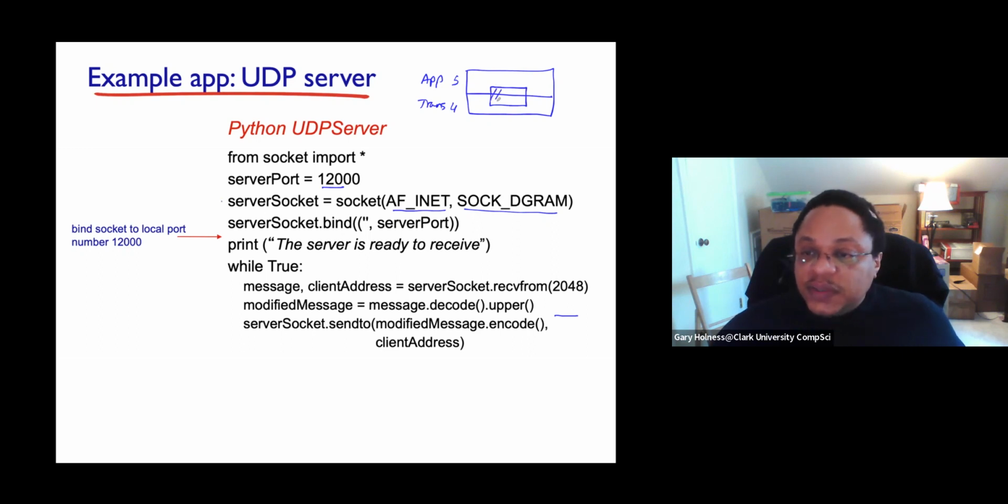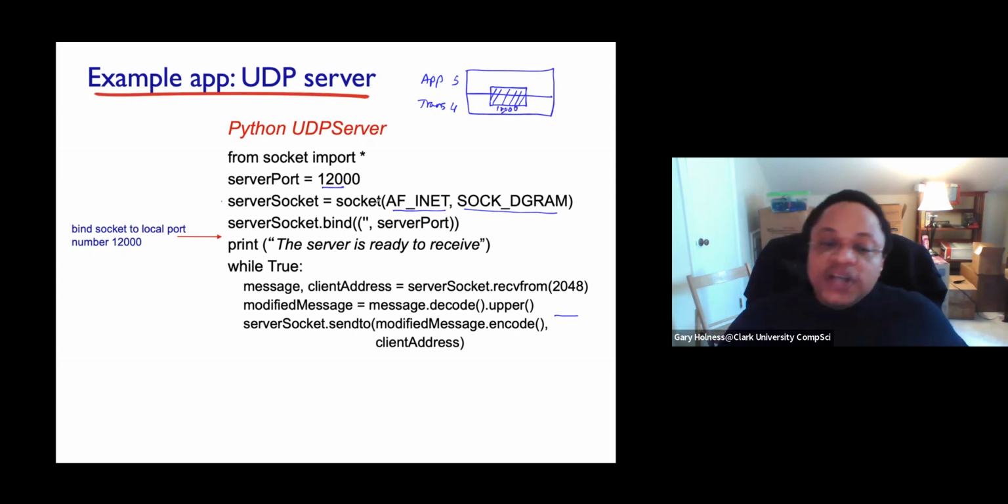Here it is, we just created the socket. Now we have that magic door between the application and the other endpoint on the other side of the internet. We need to identify this particular magic door, and when we bind with this port number, we're saying, call this door number 12,000.